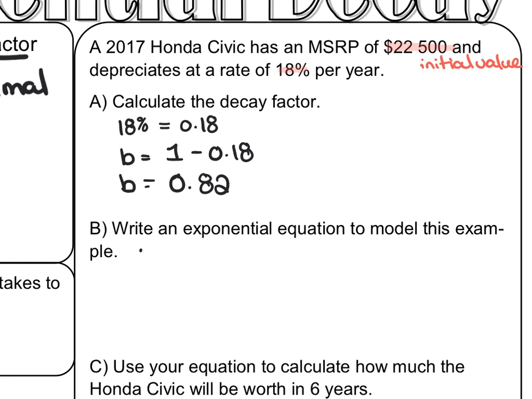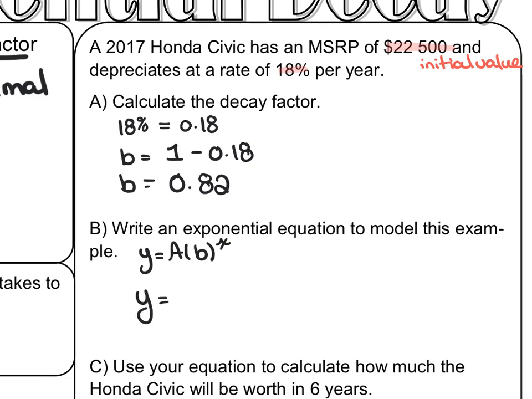So again, you're going to use that same formula that we had in the previous lesson, where a was our initial value, b was our growth or decay factor. In this case, it'll be decay. And we'll just put our numbers in where we want them. So y equals a.